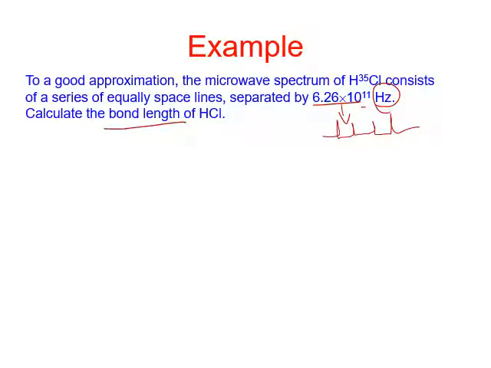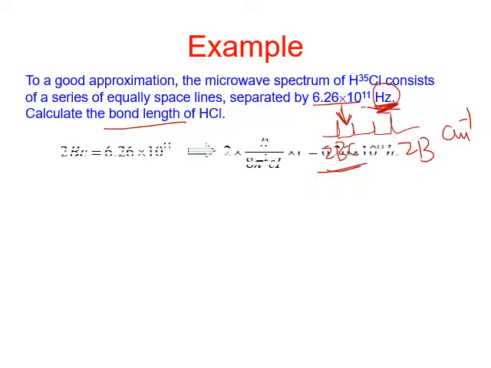We just showed in the last slides that the absorption frequency separation is 2BC in terms of hertz and 2B in terms of inverse centimeter. So please pay attention to the unit. In this case it is hertz, so this should equal 2BC. So 2BC should equal 6.26 times 10 to the 11.